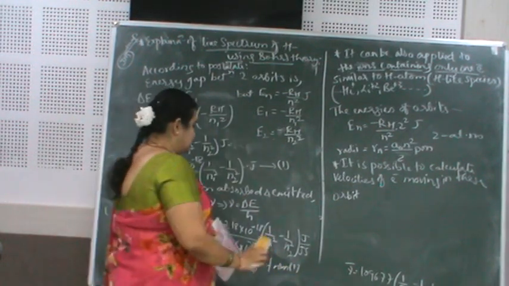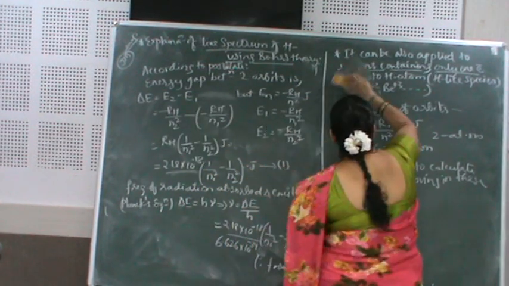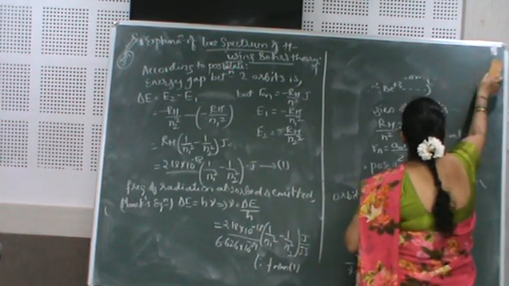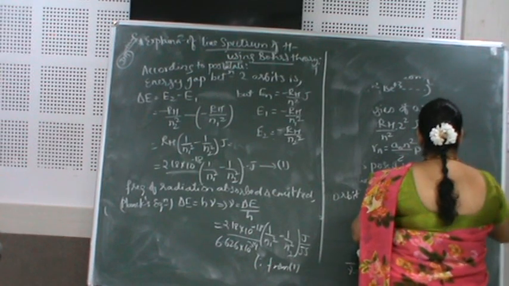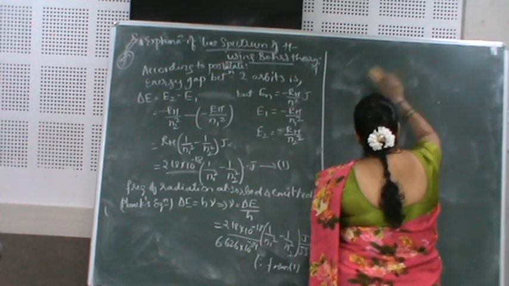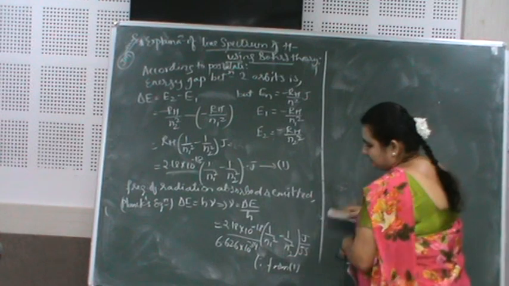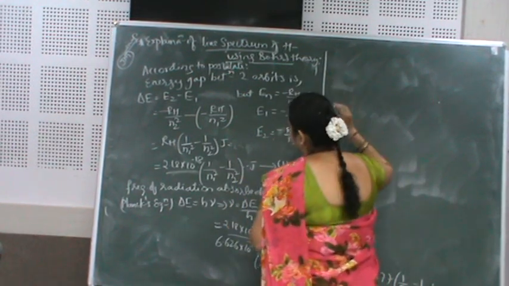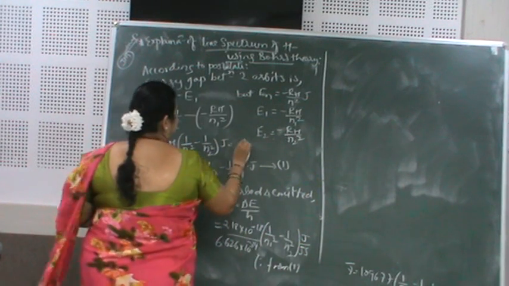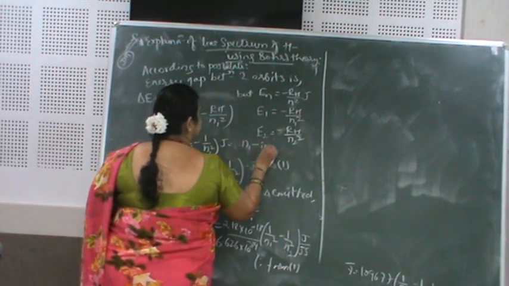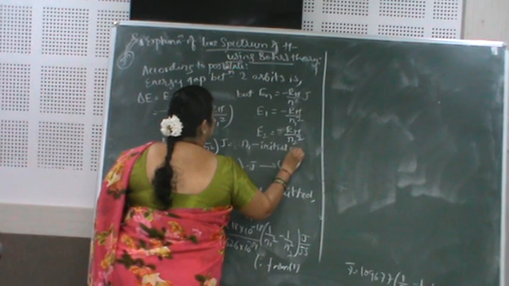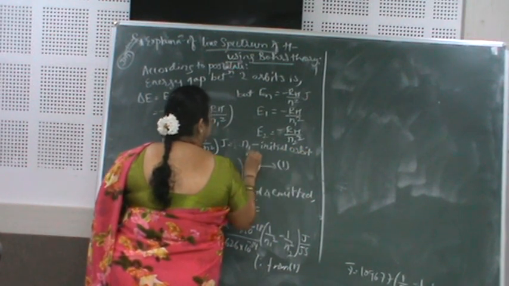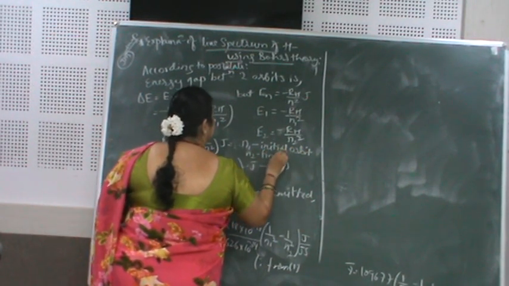Now substitute the values or simplify the equation. So here I will write one explanation. n1 is the initial orbit, n2 is the final orbit.